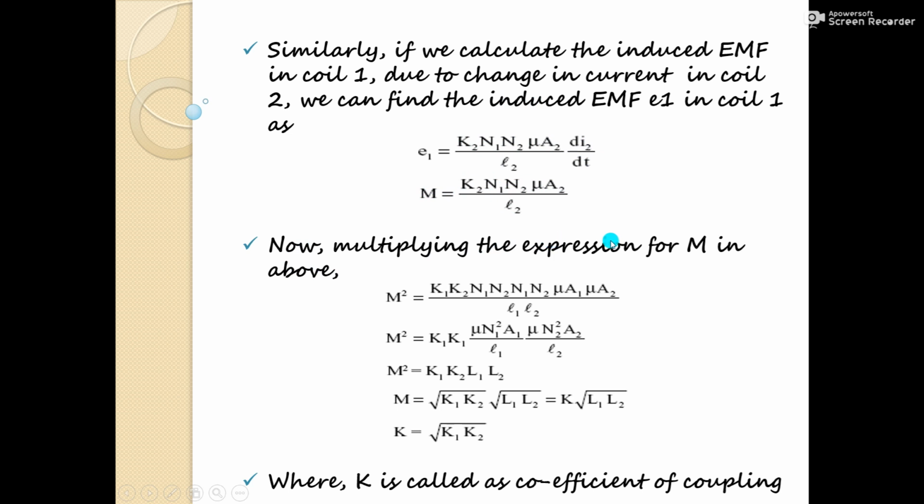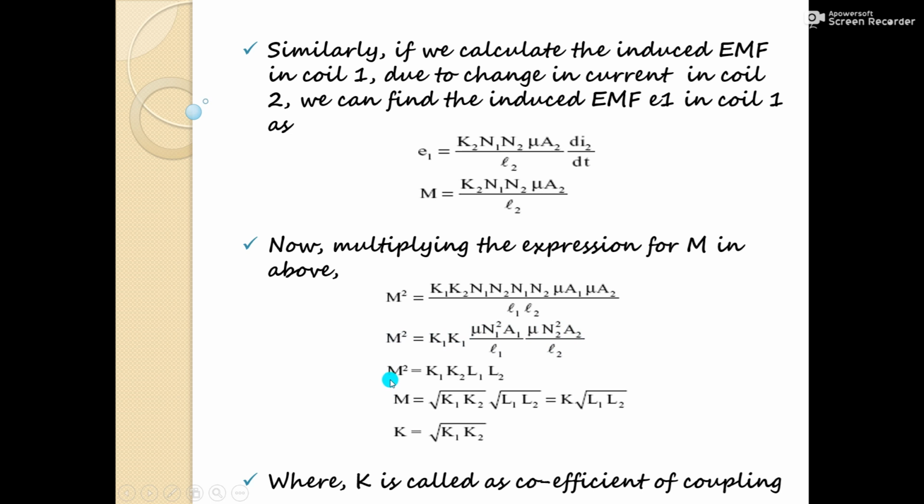Now multiplying the expressions for M above, you will get M square is equal to K1 K2 N1 N2 N1 N2 mu A1 mu A2 upon L1 L2. So M square is equal to K1 mu N1 square A1 upon L1 into K2 mu N2 square A2 upon L2.